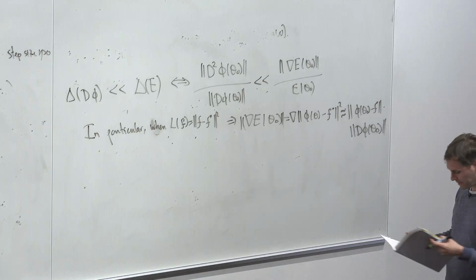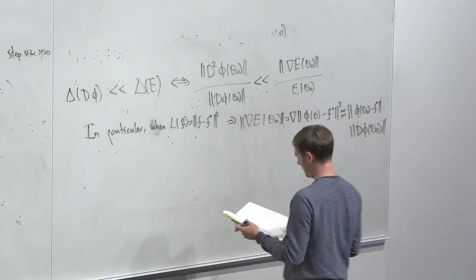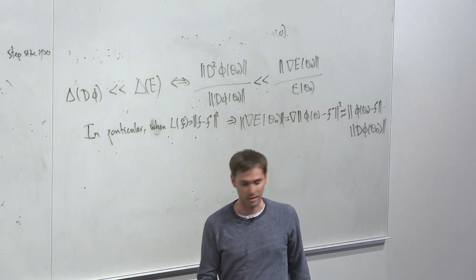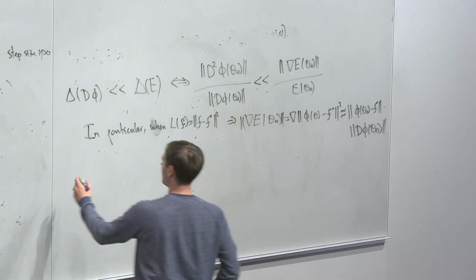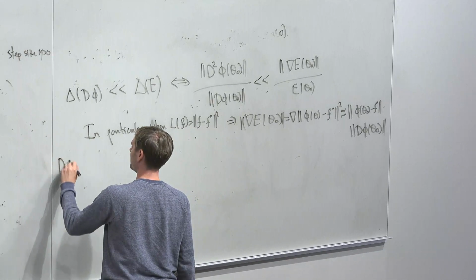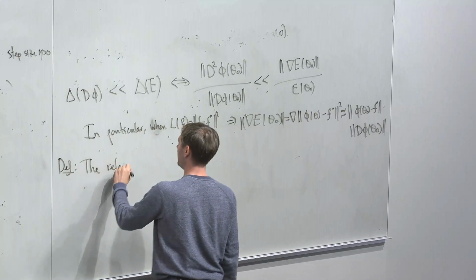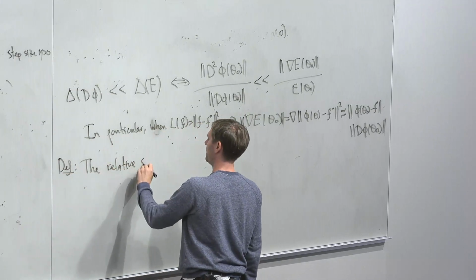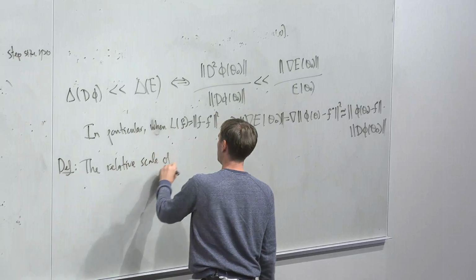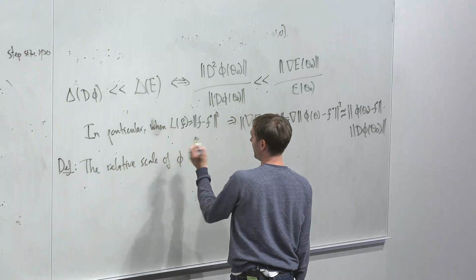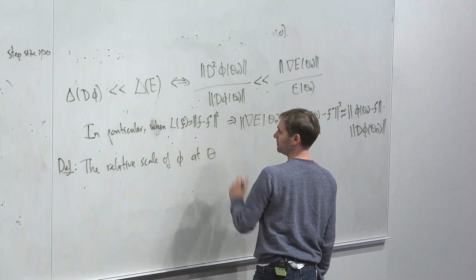Right, so in that case, and this will be the last slide, at the end of the day we can define what we call the relative scale of phi at point theta.